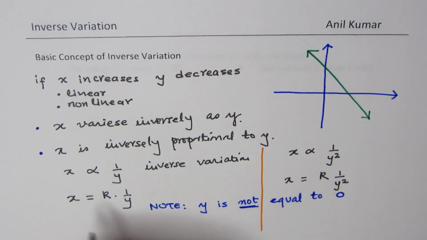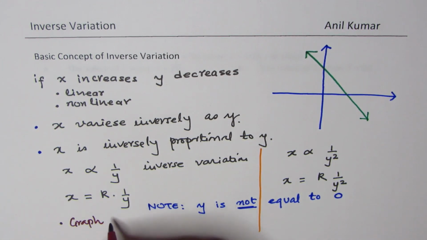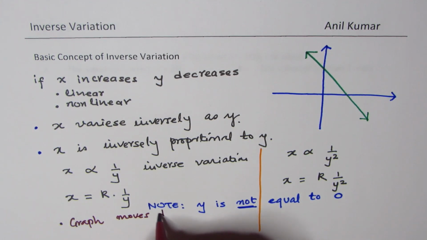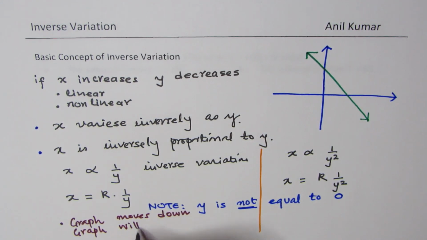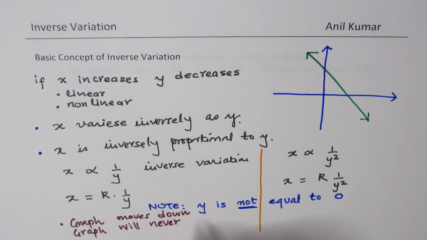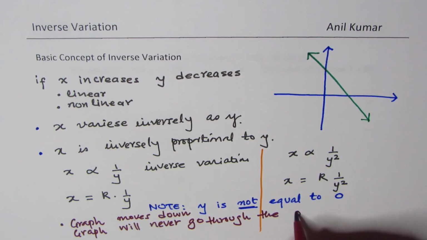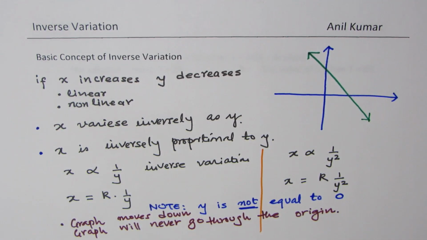One is that the graph moves downwards, and second is that the graph will never go through the origin, since at the origin y is equal to 0, right?